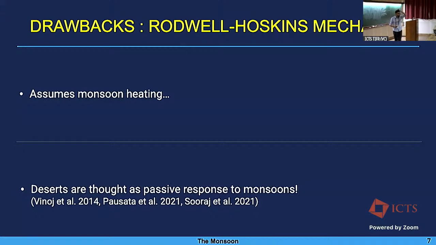There is this hypothesis that dry air intrusion from northwest India, the amount of dry air intrusion, is a key variable in determining the onset date and also the pace with which onset progresses. So these are certain feedbacks that come from deserts, but are not considered in the Rodwell-Hoskins mechanism.